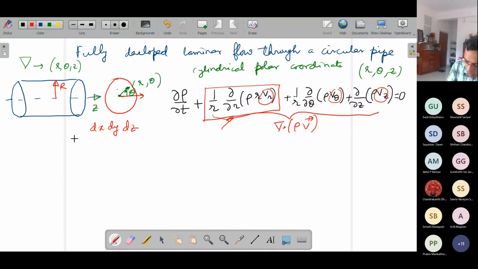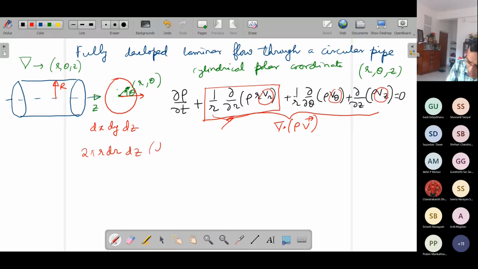If you have a small element dr, that will cover an annular area 2 pi r dr, and if that is multiplied by the axial thing, this will be an elemental annular cylindrical volume.